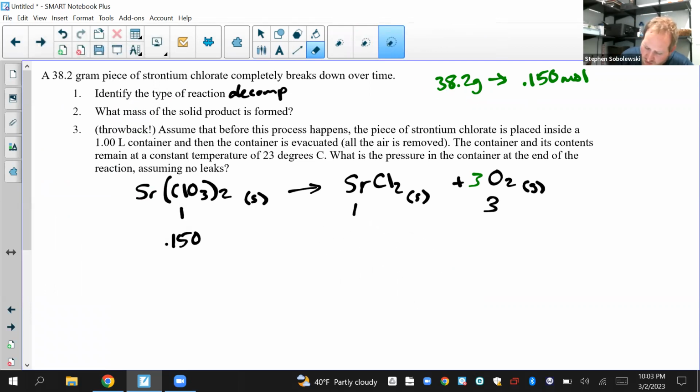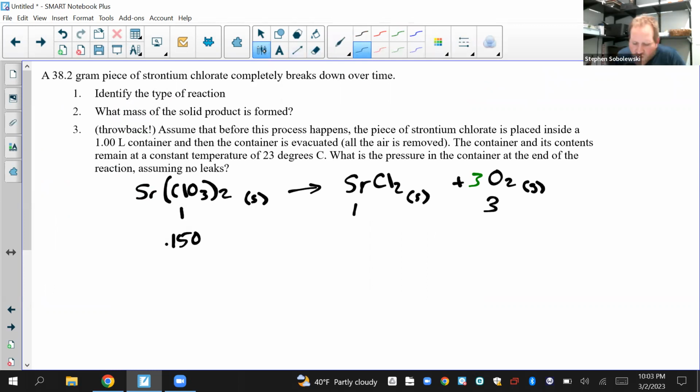Okay. So in this part of the problem, we are assuming that you put this piece inside a 1 liter container, suck out all the air, and let the reaction occur. So as this reaction occurs, the solid is just going to sit there, and the gas is going to be released into the container.